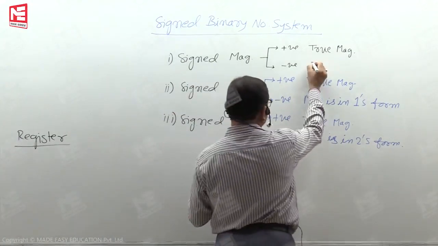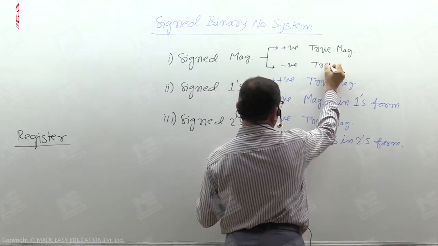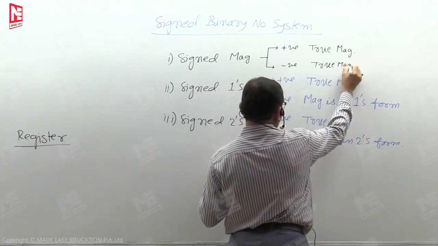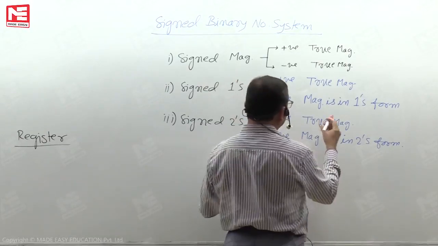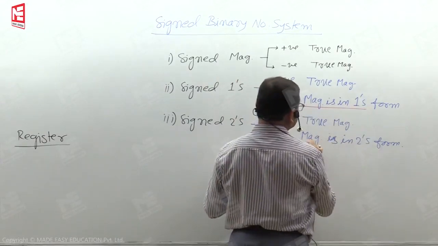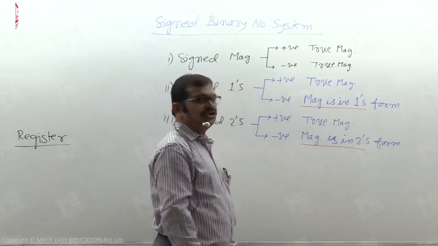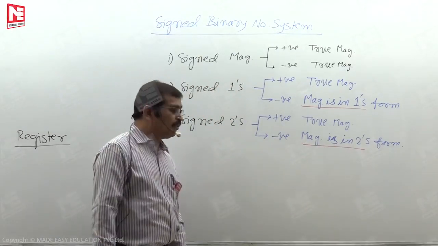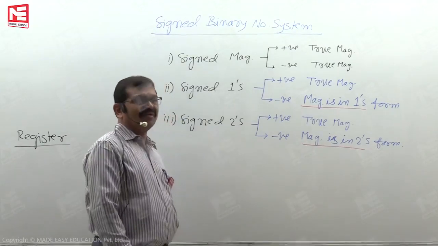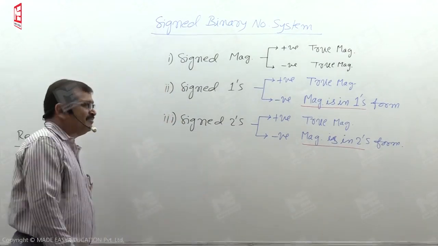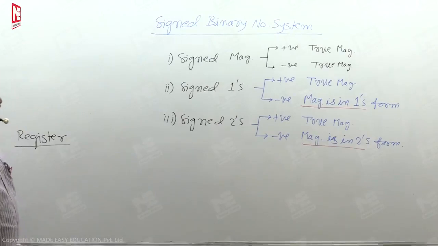In sign 1's complement and sign 2's complement, the magnitude is not true magnitude. In sign 1's complement notation, the magnitude is in 1's complement form. In sign 2's complement notation, it is in 2's complement form. So the difference is only with respect to negative numbers.